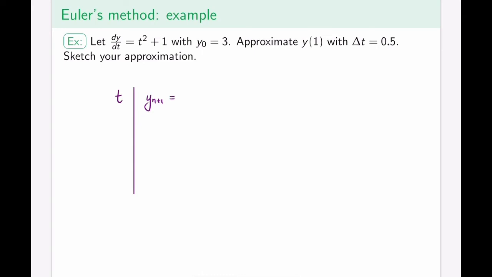So at the next step, yn plus 1 is equal to yn plus the slope at the previous step times delta t. This is the formula that we derived on the previous slide. And then I am going to keep track of the slope at this current point. So y prime is going to be t squared plus 1, as dictated by my differential equation.